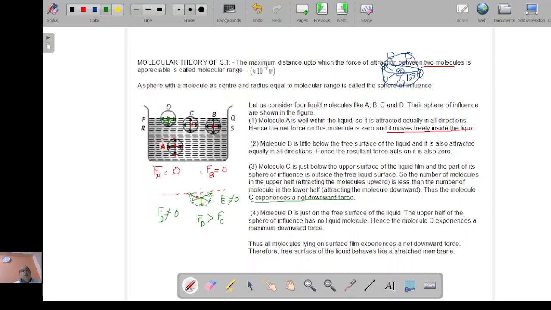So all the molecules lying on the surface just like D, here is D, D1, D2, D3, D4 and so on, on the surface of the liquid, the net force is maximum on the surface and it is downward. So the layer PQ will experience a downward force.